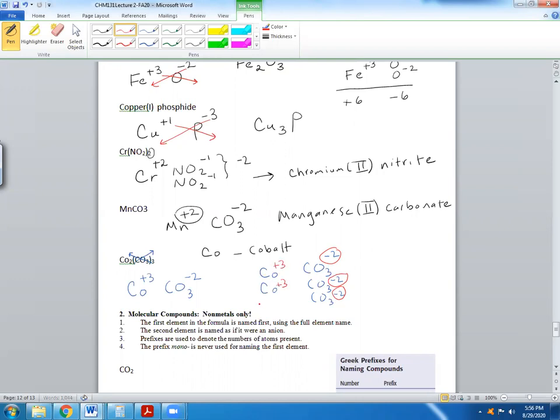Why? Because again, these would add up to plus 6, and these would add up, I'm talking about the charges, the negative 2, the negative 2, the negative 2 would add up to a negative 6. So again, that's the approach that you want to use. So what is Co2(CO3)3? That's cobalt 3 carbonate. Very well. Do enough of these because you do need the extra practice.